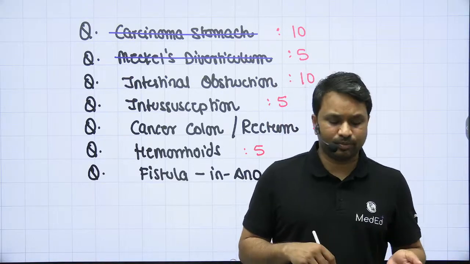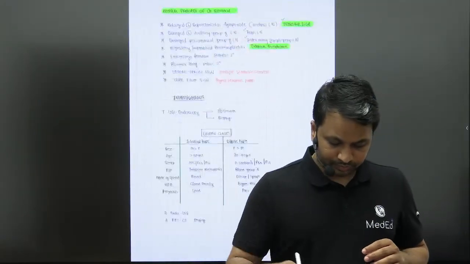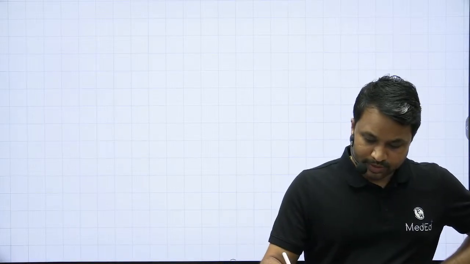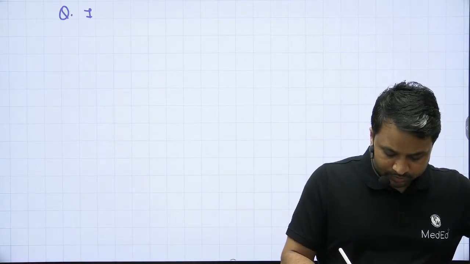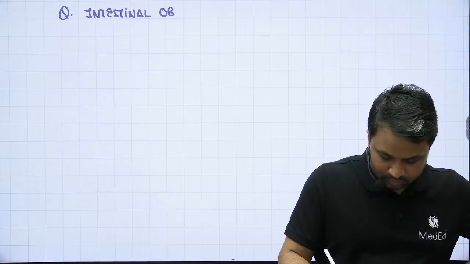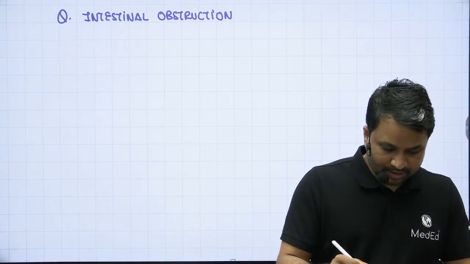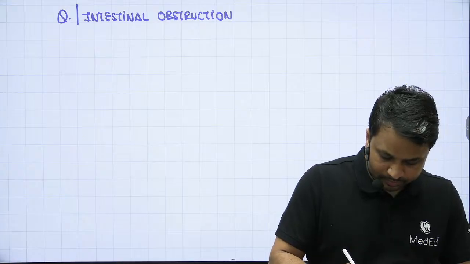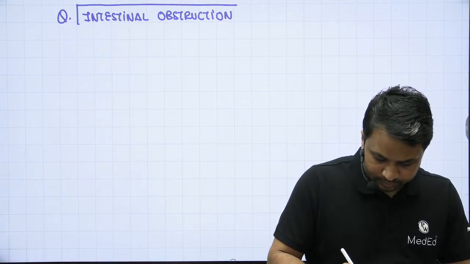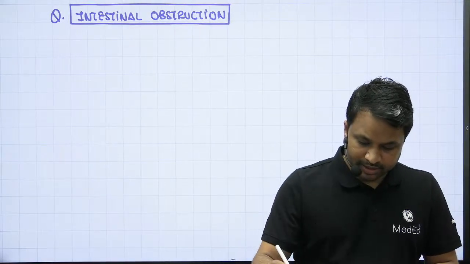Now we'll go with intestinal obstruction and intussusception in the same context so that we understand it better. So the next question that you have is about intestinal obstruction. Right, so when you talk about intestinal obstruction, let's classify it per se.